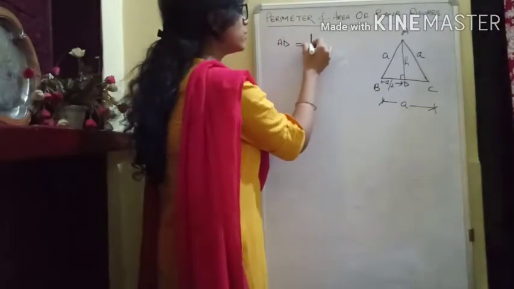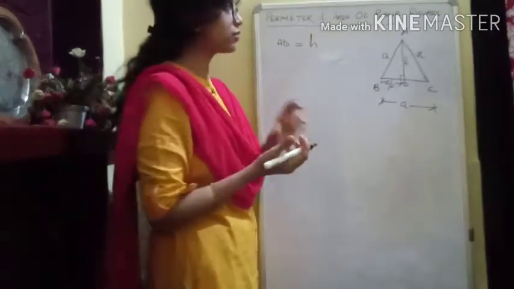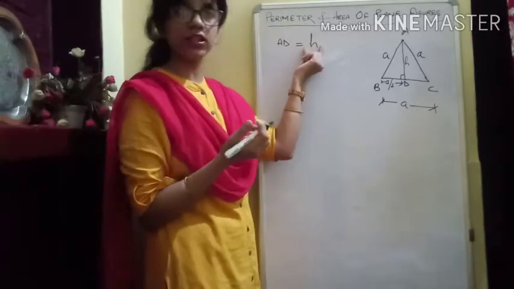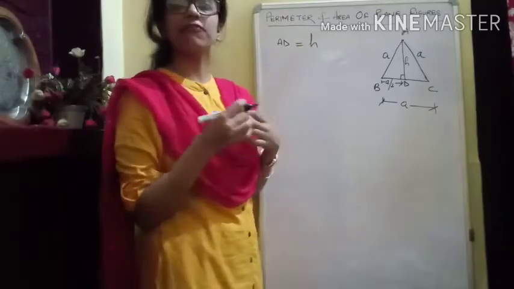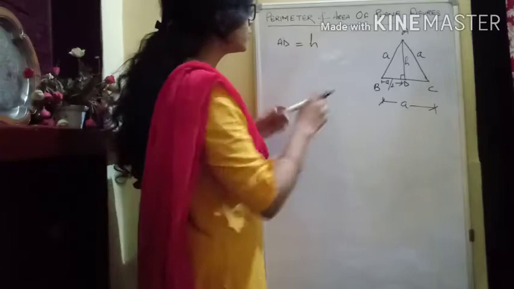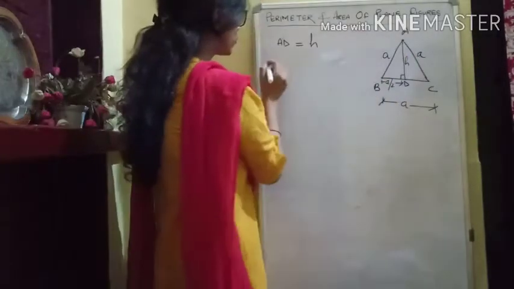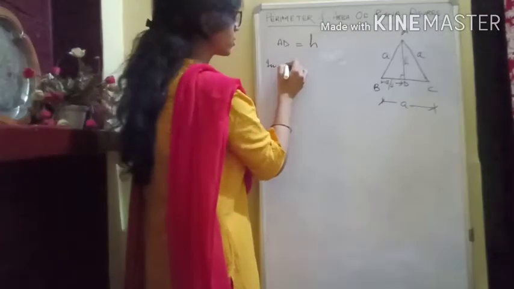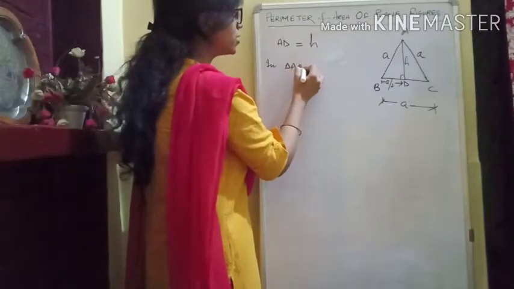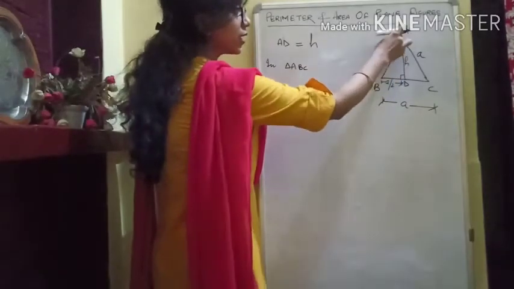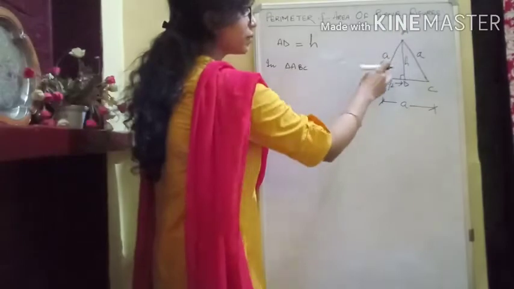So of course it will be our perpendicular or our height. If somehow we can calculate h, we can simply use the formula half base into height. To calculate this, we are going to take the triangle ABD, that half part of the triangle.